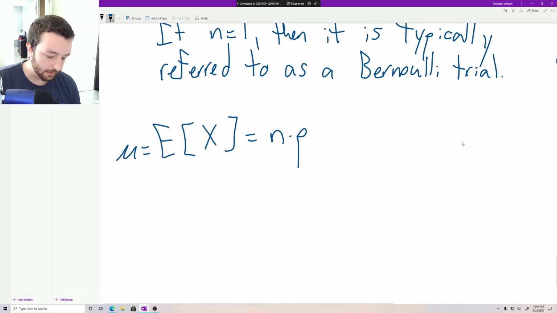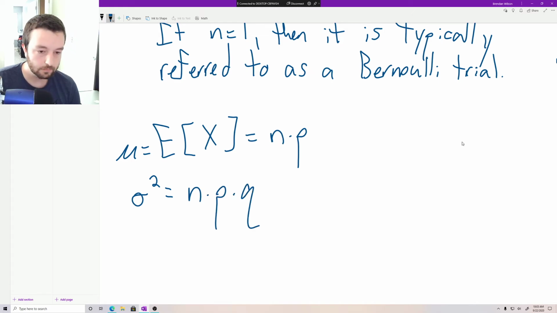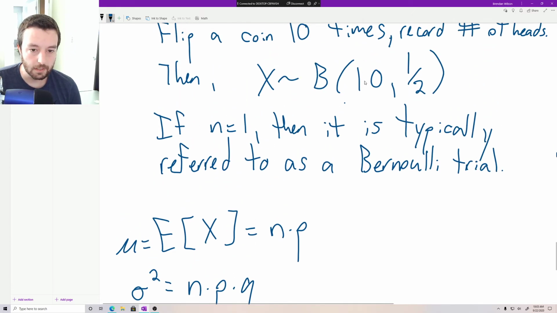The variance, like I said, we typically look at the variance and not the standard deviation, is going to be n times p times q. So here it would be 10 times 1/2 times 1/2. So it would be 10 divided by 4, which would be 2.5.